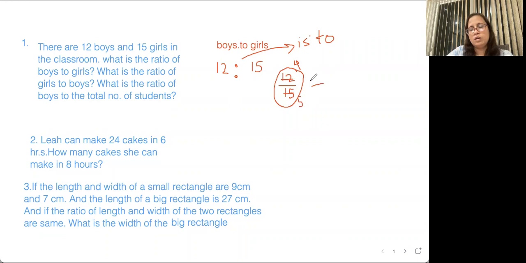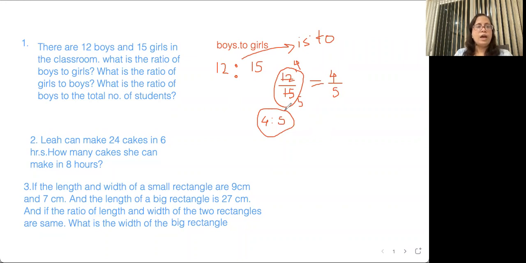So we got a fraction as 4 over 5. So you can say the ratio of boys to girls is 4 to 5 or 4 is to 5. Okay, so this is the answer of number one.